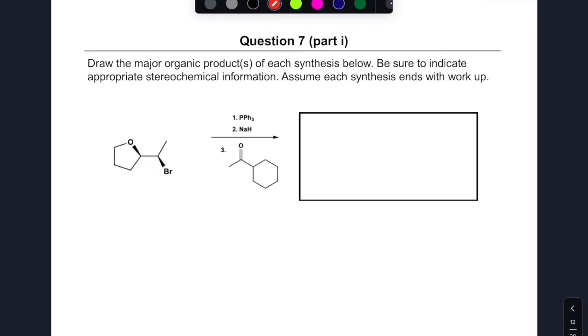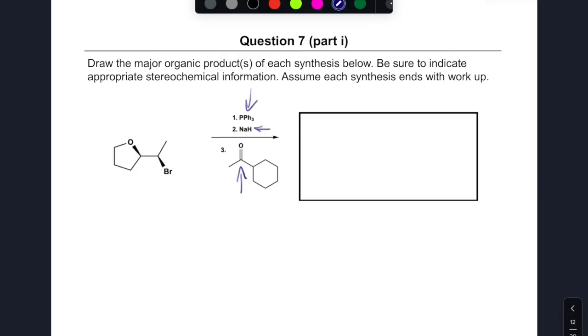Okay, so for this reaction, what we're going to do is put together these components and look at these conditions here. You've got to recognize that the first reagent is triphenylphosphine, then we're adding a strong base, and then we're bringing in a carbonyl component. That sequence is our standard Wittig type chemistry.